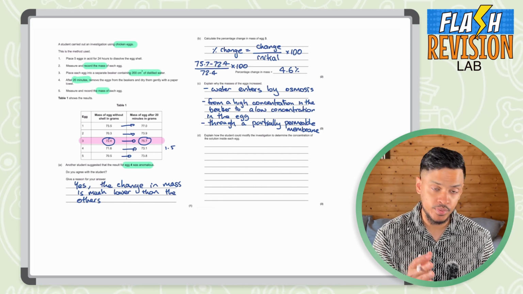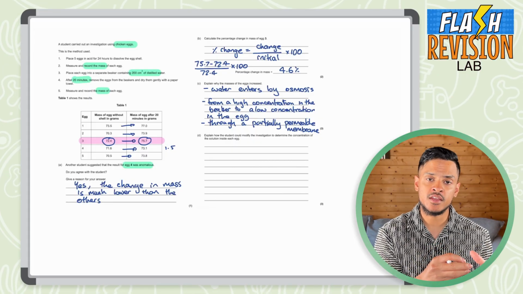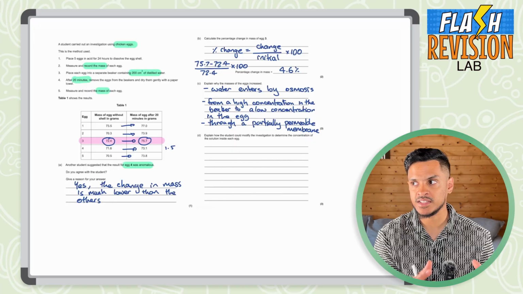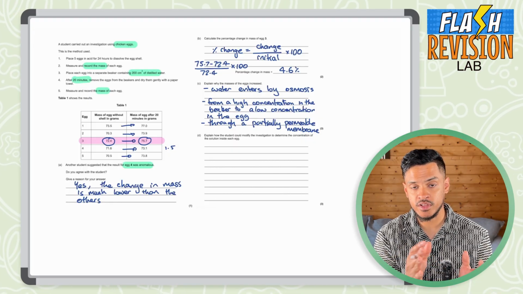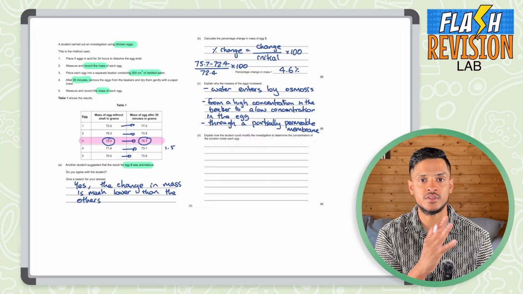So something like pure water has a very high water concentration, the mass is going to increase. Then your next beaker might be 0.1 mole per dm cubed of sugar. So that's slightly lower water concentration. So the mass might still increase, but it will increase slightly less compared to the pure water.